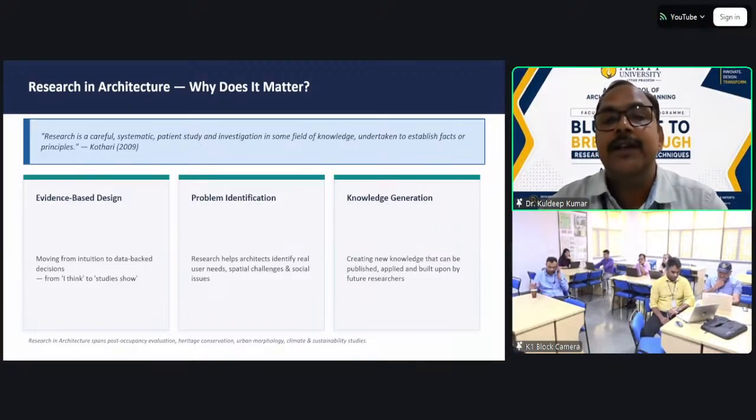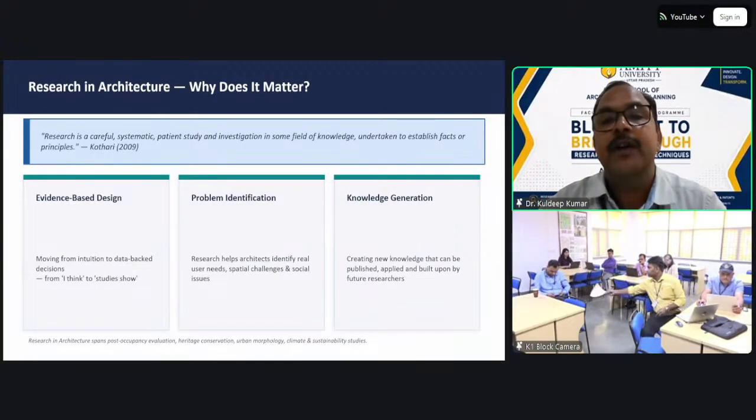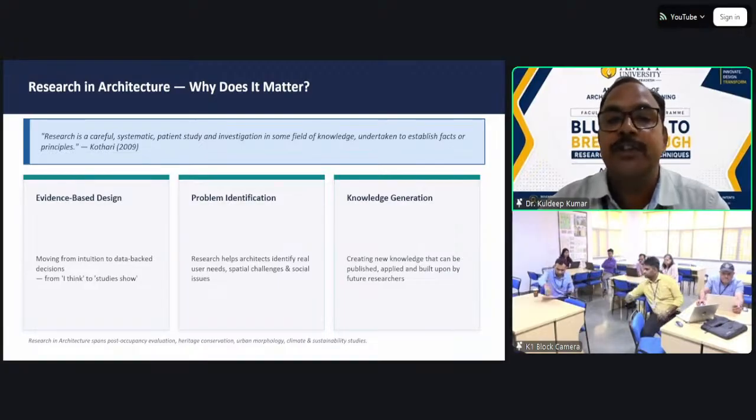There are several definitions, but the important one I could find is that research is defined as the careful, systematic, patient study and investigation in some field of knowledge, undertaken to establish facts or principles. Now notice these three words: careful, systematic, and patient. That means there is no rush, no intuition, and you cannot say that I know this from experience. It has to be systematic.